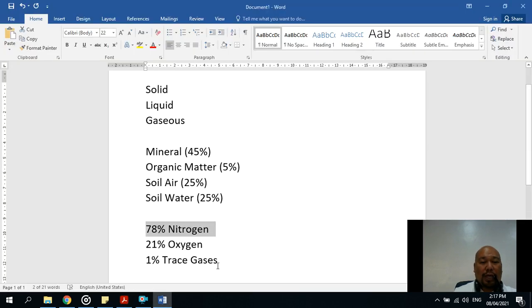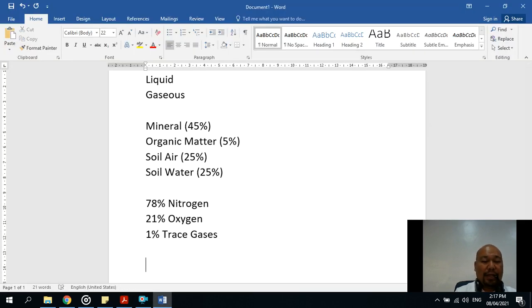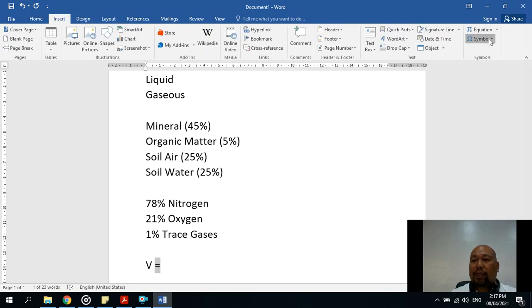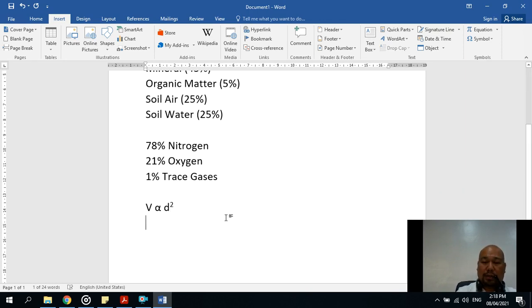Stokes' law says that the settling velocity of a soil particle is proportional to the square of the diameter of the particle.